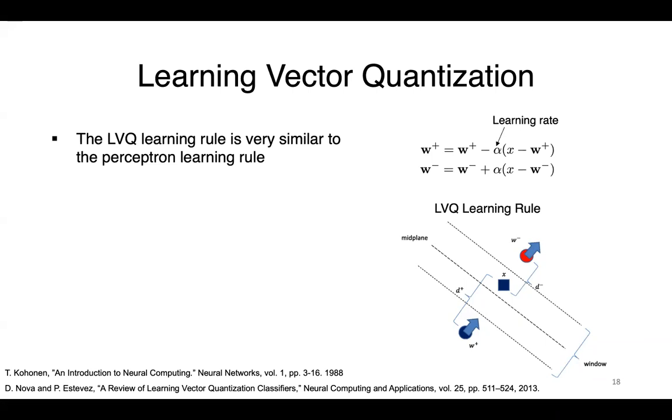The only difference is that the LVQ learning rule updates the class prototypes based on the distance of the prototype from query vector X, while the perceptron learning rule, I believe, updates prototypes with X itself. The result is that the LVQ learning rule updates W plus and W minus by attractive and repulsive forces from X, respectively. You can see this process visualized here.